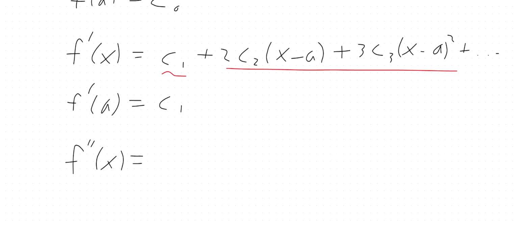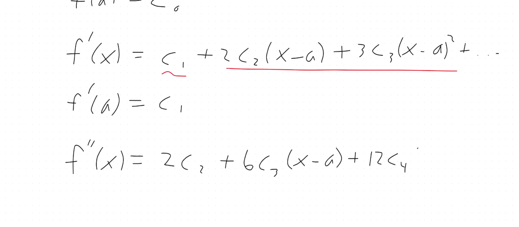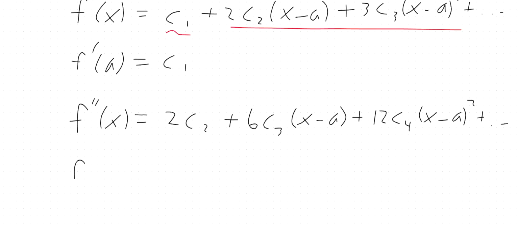We'll get 2 c sub 2 x minus a plus 12 c sub 4 x minus a squared, and so on. Once again, plugging in a, we're only left with this first term.